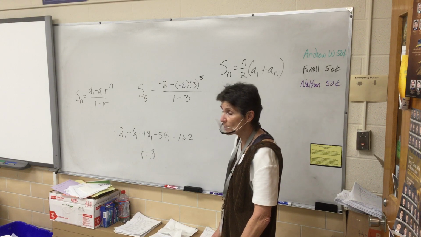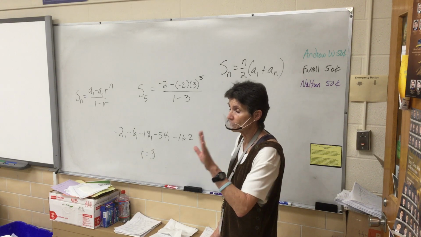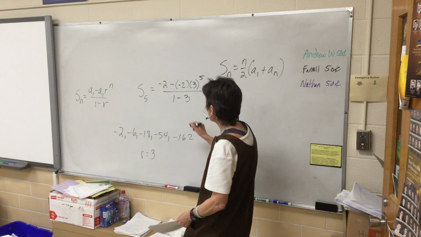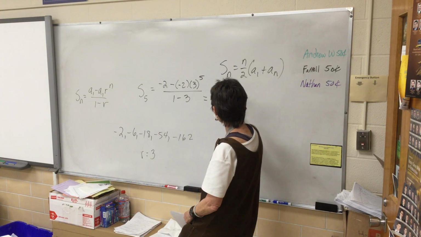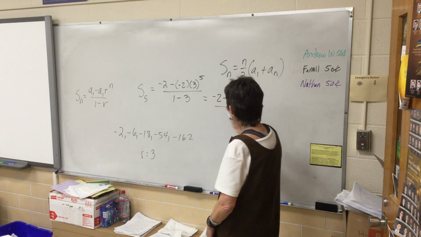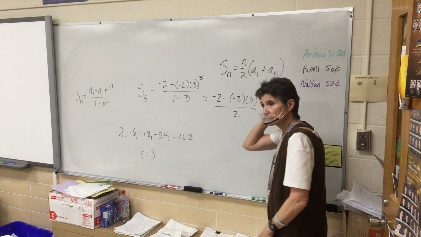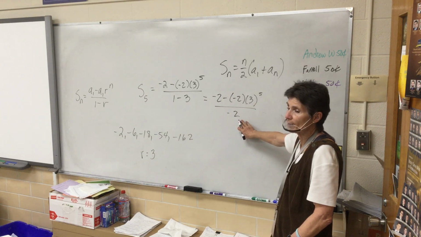Now, thank goodness we have a calculator. Here's the first thing I want you to do, though. Before you go to the calculator, I want you to subtract so that you only have negative 2 in the bottom. So 1 minus 3. Just do that subtraction right off the bat.